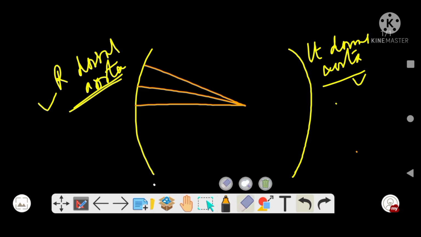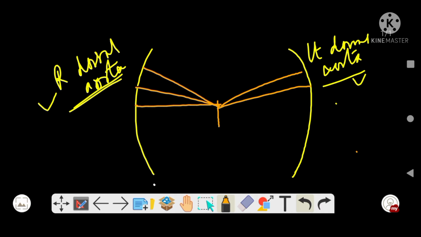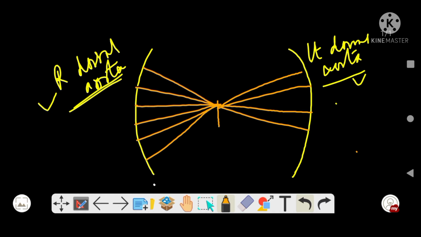One second. Correct. So as you can see, these are 6 lines.